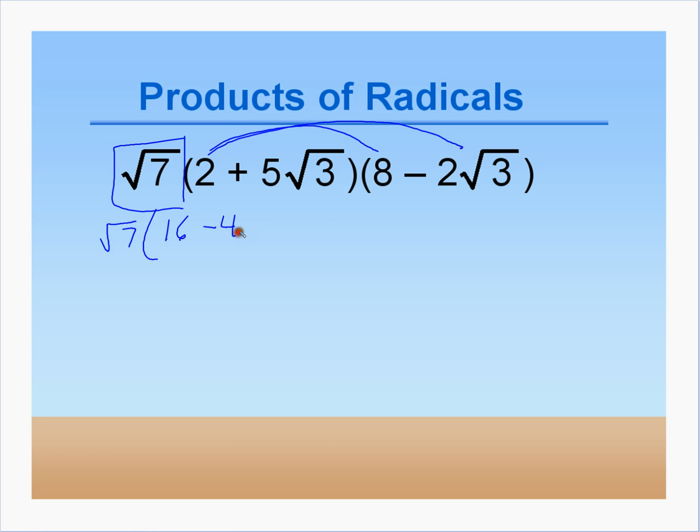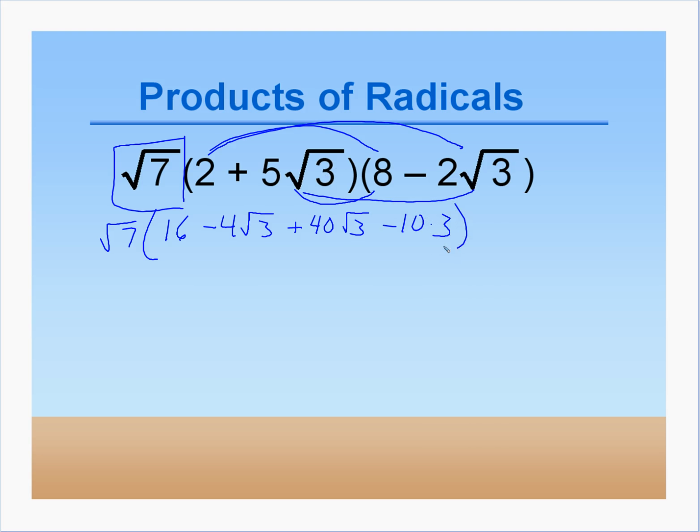Minus 4 root 3 plus 40 root 3. The 5 times the 8 is 40, and we still have the root 3. And then minus 10 times root 3 times root 3. Hopefully you realize that by now is just a 3. Could think of the square root of 9, which is 3, so times 3.